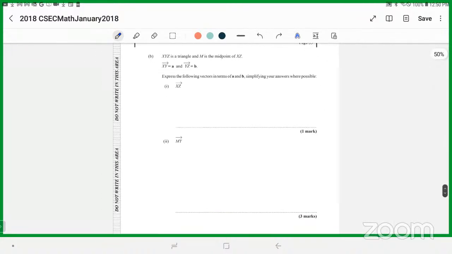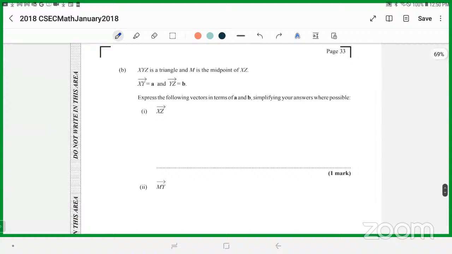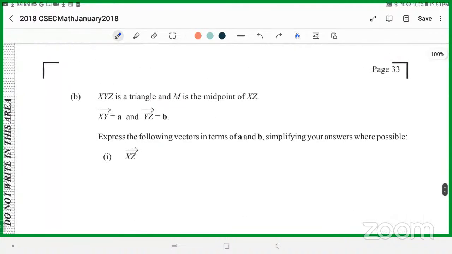Draw a triangle. Draw one triangle and put on the points on it, XYZ, any triangle. You can draw it any way you want. I would draw a simple triangle like so.